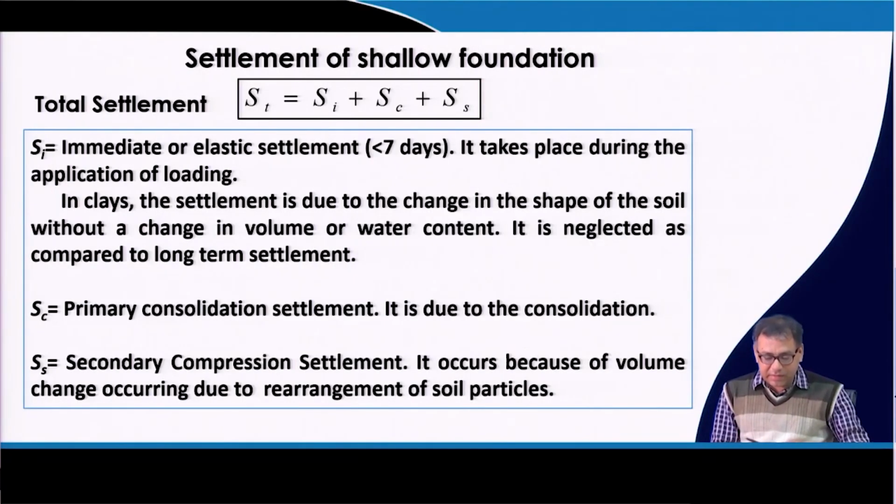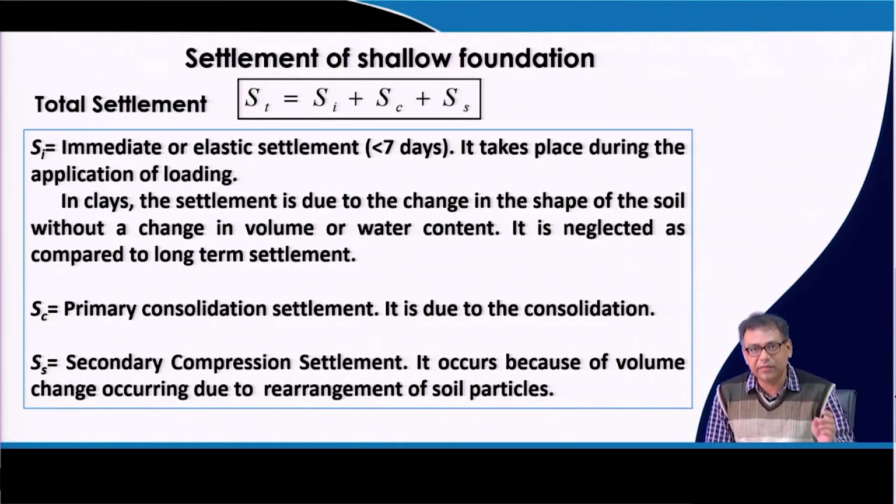So, in settlement there are basically three types: immediate settlement, primary consolidation settlement and secondary compression settlement. The immediate settlement is basically elastic settlement, and it takes place during the application of loading. This immediate settlement is significant in the case of sandy soil.